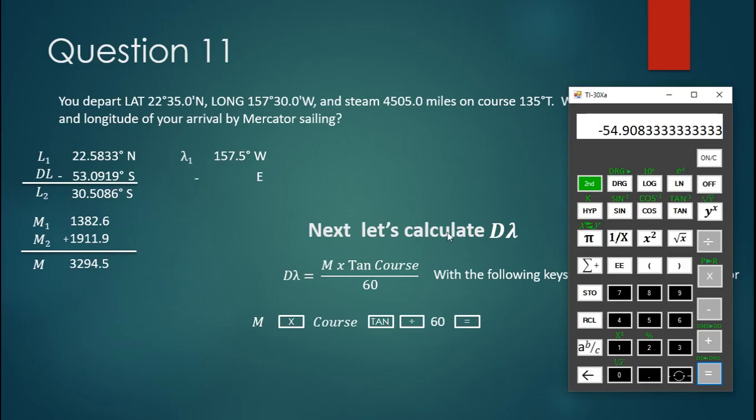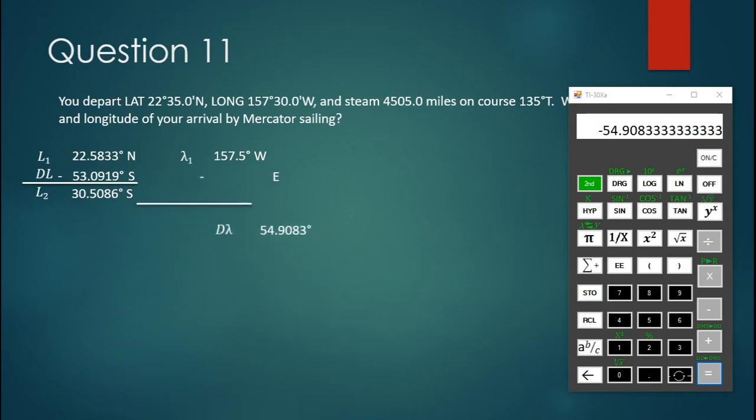So we'll do 54.9083 as our d lambda. We'll slide that up here and subtract the smaller from the larger. We come up with lambda 2 of 102.5917 degrees west.